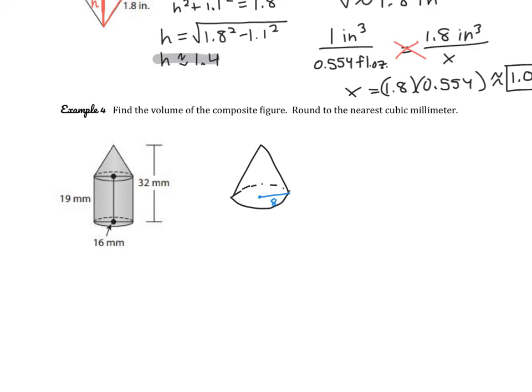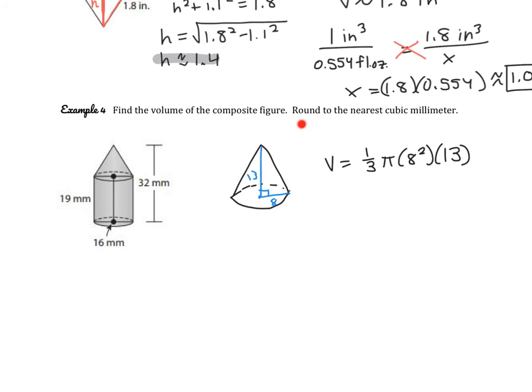Now for the height, we see that the total height of the full figure is 32 millimeters, and we can see that the height of just the cylinder portion is 19. So if we do 32 minus 19, we get the height of just our cone, which would be 13 millimeters. So here, this is everything we need to find the volume of the cone. So we have 1/3 times pi times the radius squared times the height.